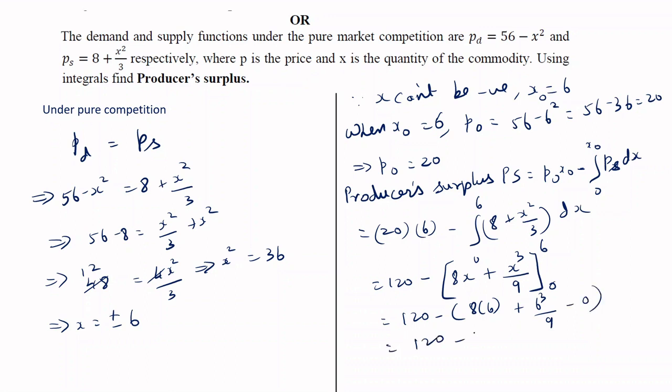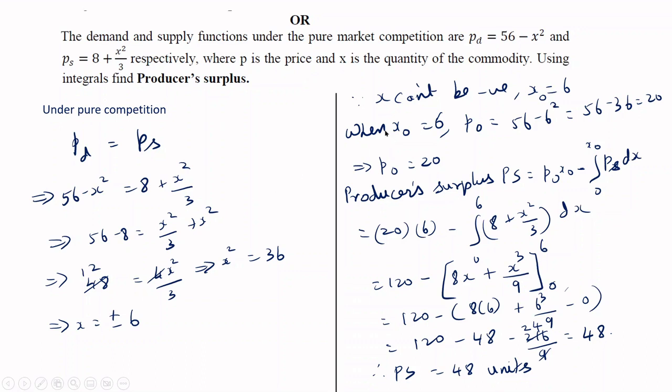So this is 120 minus 48 minus 6 cube is 216, 216 divided by 9, it goes 24. So this is 120 minus 48 minus 24. It is equal to 48. Therefore, producer surplus is equal to 48 units. So this is the answer for producer surplus.